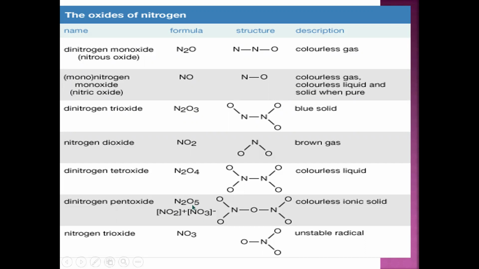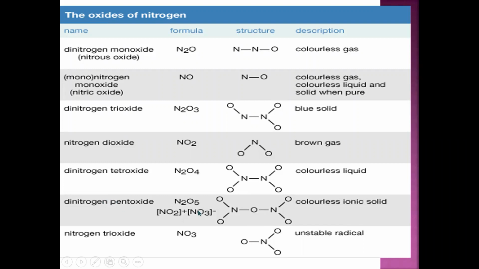They can also ask how N2O5 is formed, and to draw the structure. You have to draw the structure and tell the description of this gas, in which condition this gas is actually present.